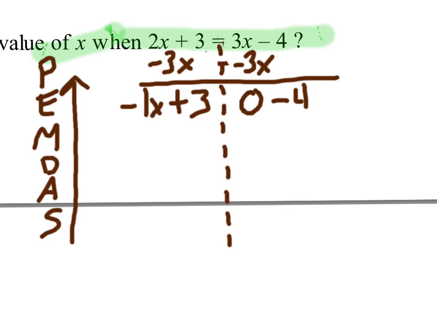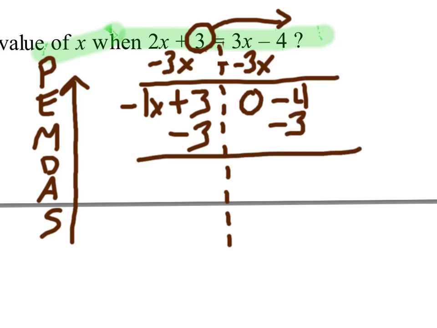At this point, I need to move the 3 on the left side over that way. To do that, I need to subtract 3 on both sides, because that is the opposite.